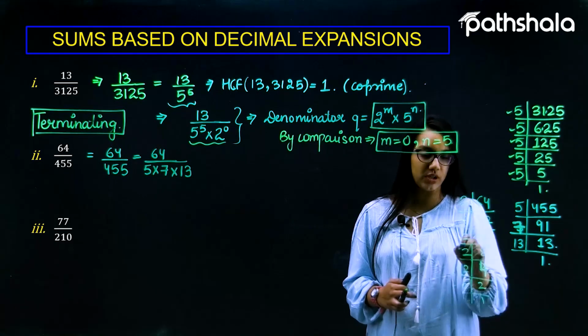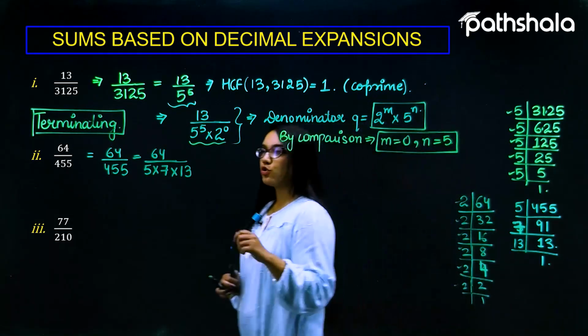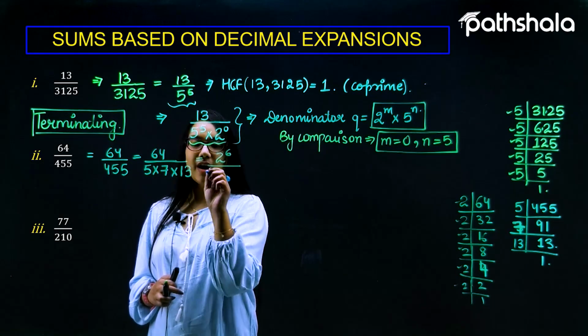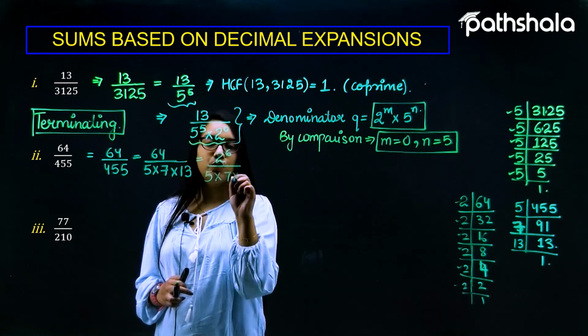So it is 2 raised to the power 6. So it can be written as 2 raised to the power 6 divided by 5 into 7 into 13.